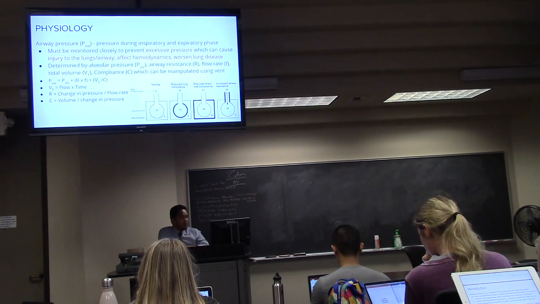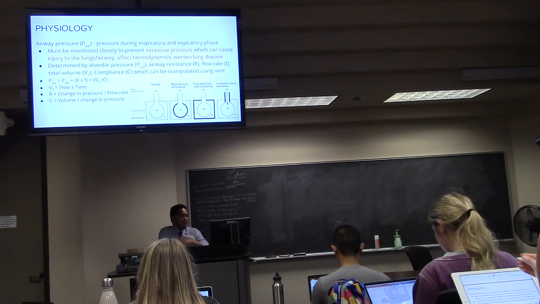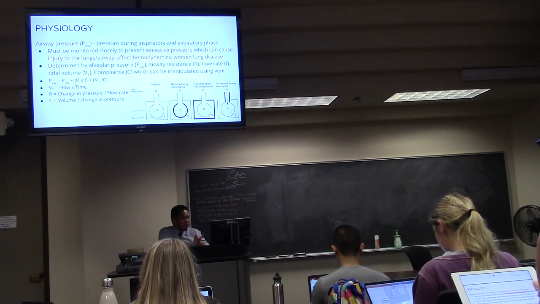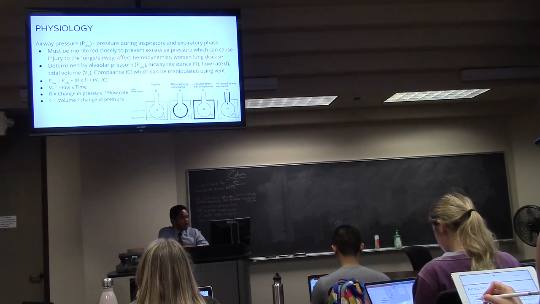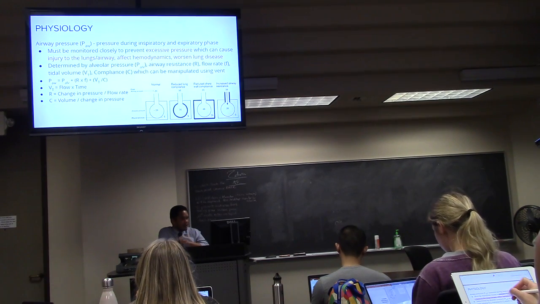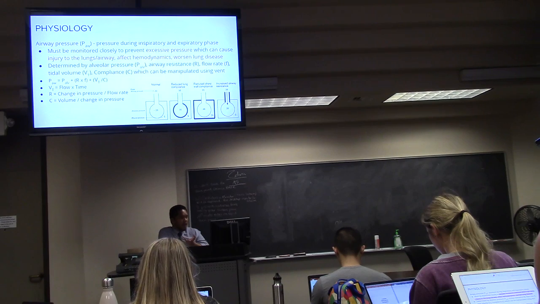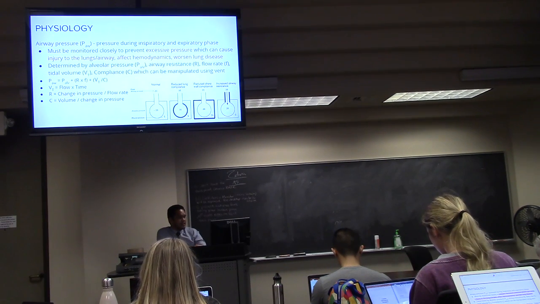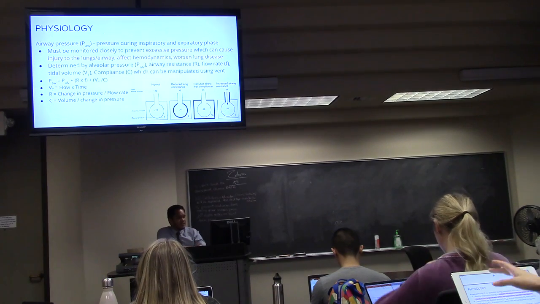And the peak airway pressure is the summation of the airway pressure and the alveolar pressure, and those two are really affected by, say, the compliance of the lung. Compliance is the lung's ability to expand, and of the resistance of the airway.